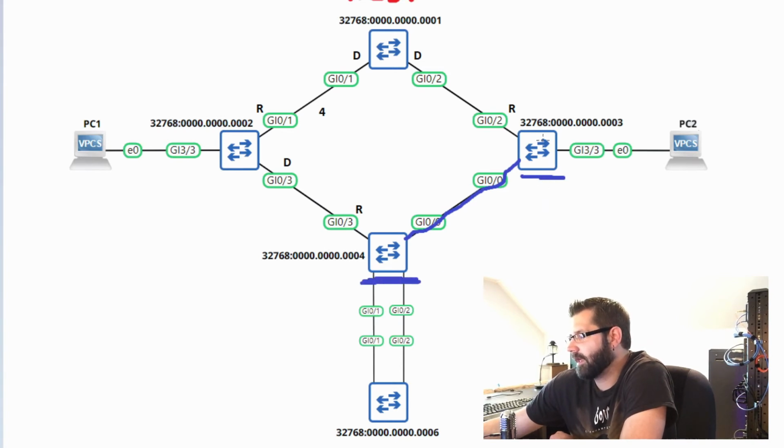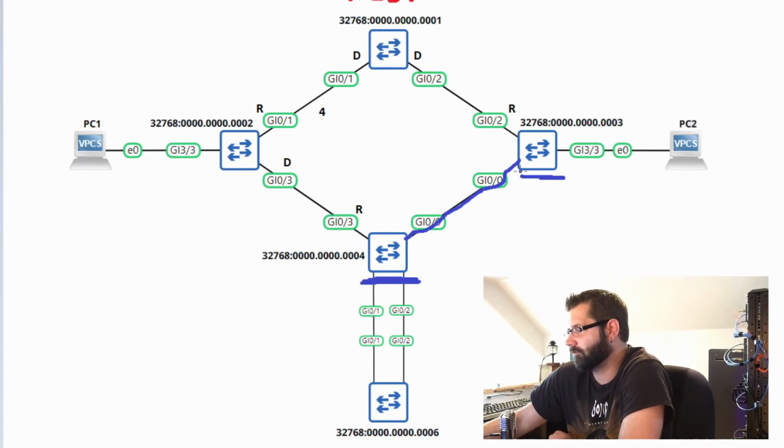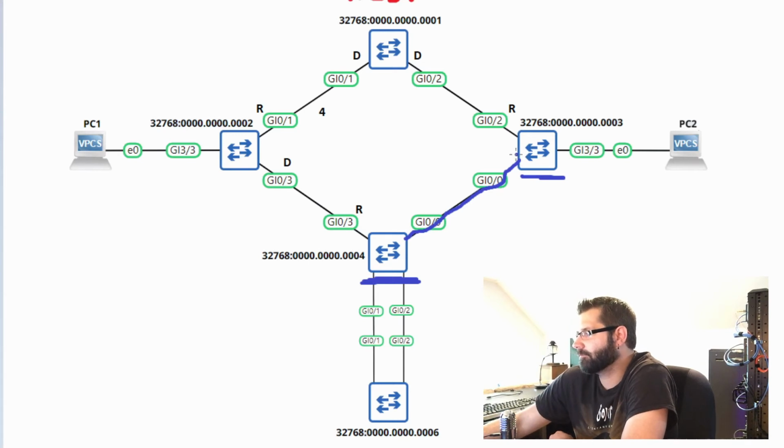So I look at it like this: which end of this link, which would be plugged into each of these switches, would have the best path to the root bridge? So I just look at the switch on each end of the link. From this switch, it would be a cost of 4. From this switch, it would be a cost of 8.